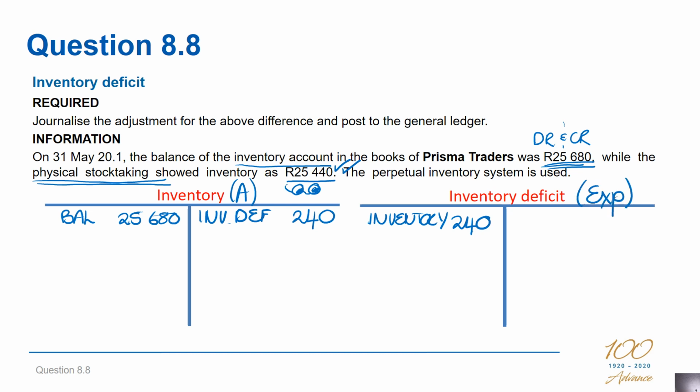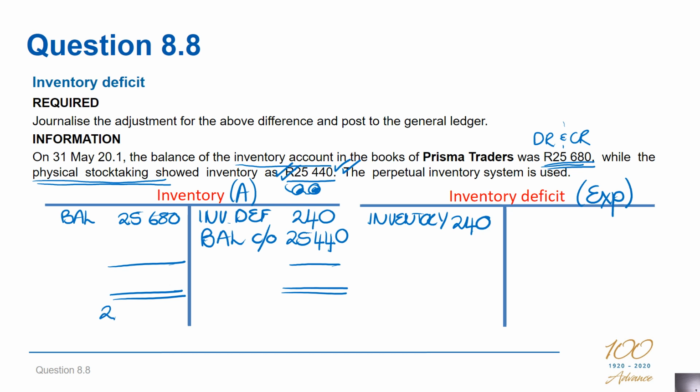So you can see if we balance the asset, we will have a balance carried over of 25,440, which is exactly the amount that we confirmed when we did the physical stock take.